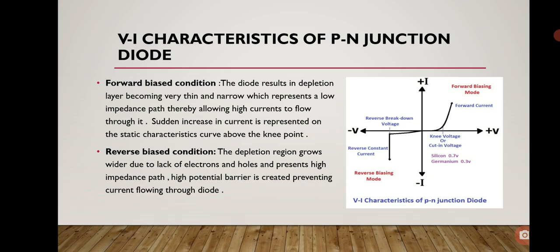Here the forward current will be more, as shown. In the reverse bias condition, the circuit acts like an open circuit. There will be no current flow here, and a high impedance path will be generated. So the current through the diode will be constant. That's why it is mentioned as the reverse constant current.